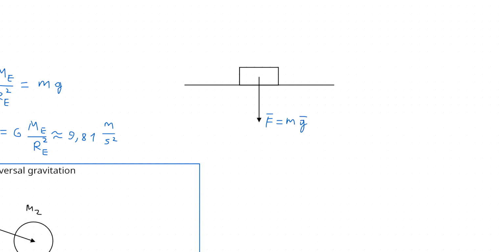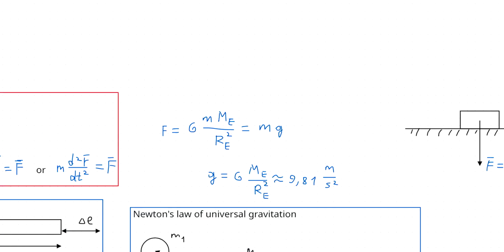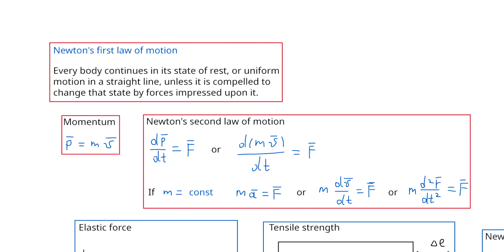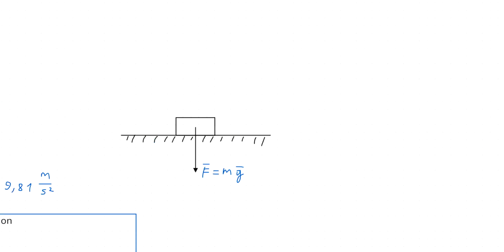But as we know, the body on this plane will not fall down. And according to Newton's first law of motion, it means that there is some force that compensates the force of gravity, and this force is the force of normal reaction.